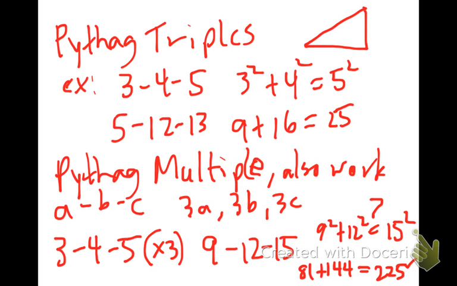If I had a right triangle whose legs were 6 and 8, then I automatically know that the hypotenuse would be what? 10. I multiplied everything by 2. You can just say it's 10 because you recognize that those are multiples of 2 of 3, 4, 5. Does everybody get the idea? All right.